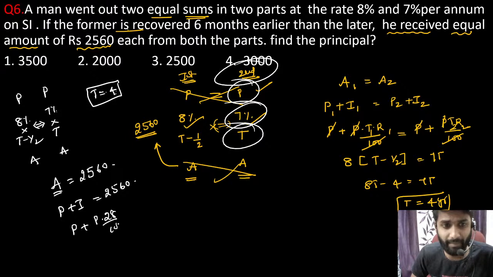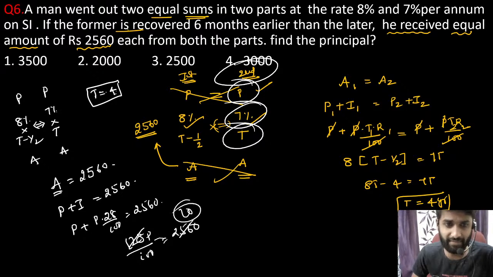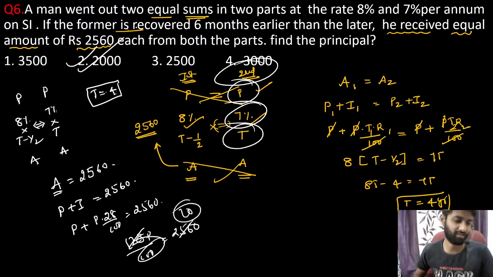Now 28 by 100, so the entire value becomes 128 by 100 of P, which is exactly equal to 2560. The value becomes exactly 2000.